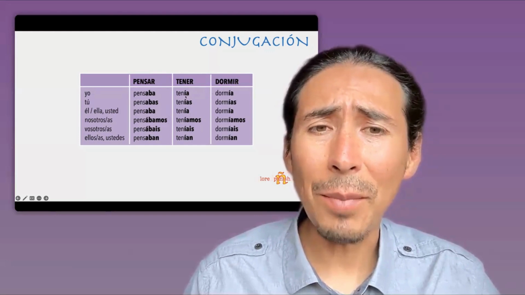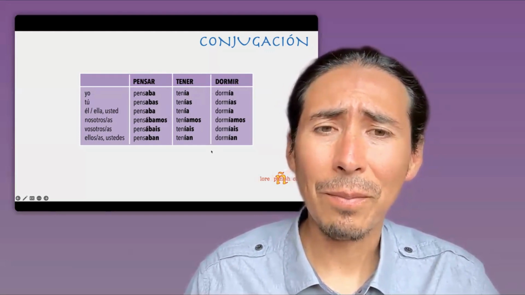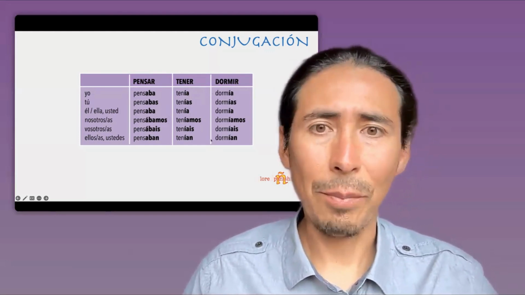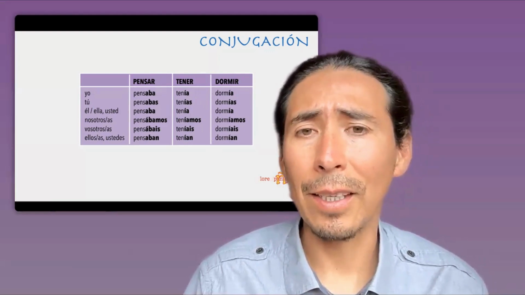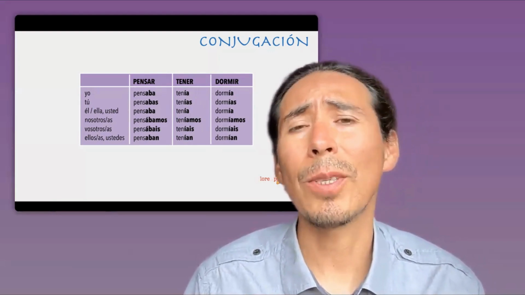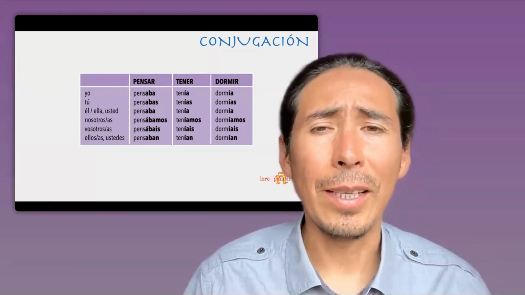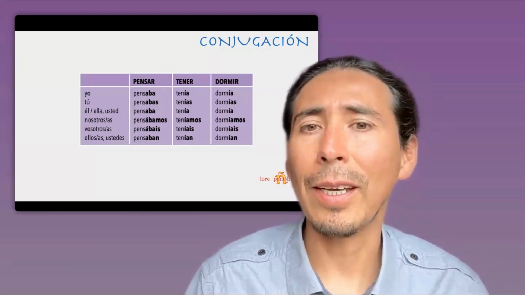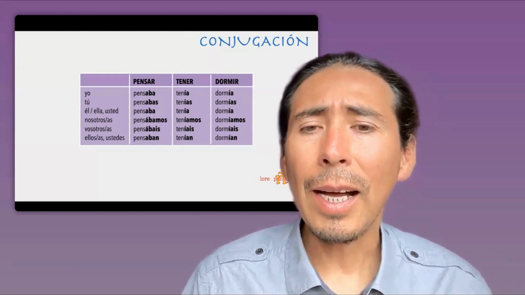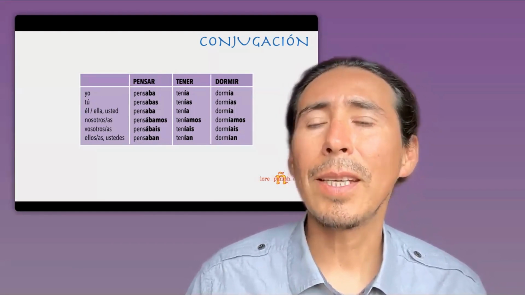They have the same endings, ía, ía. That is going to happen with many, many verbs ending with er and ir. I'm not going to say 100% now, because we have verbs that are irregular, ending with er and with ir.